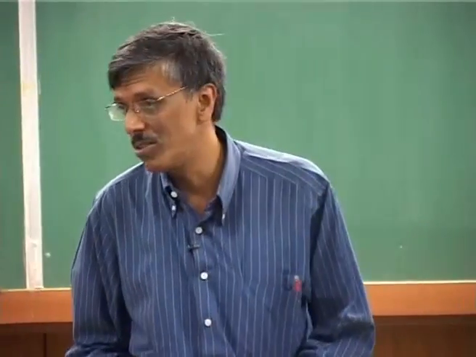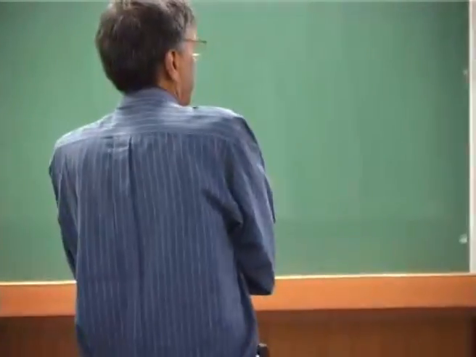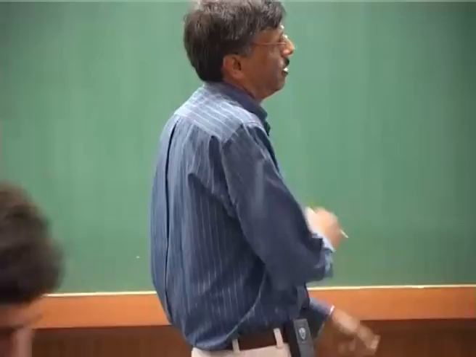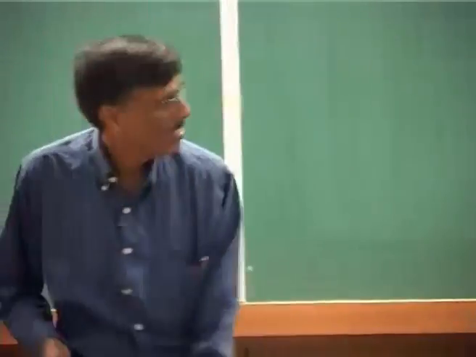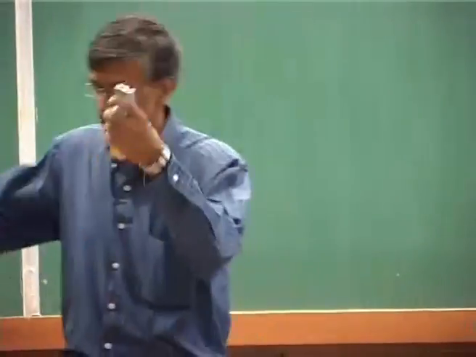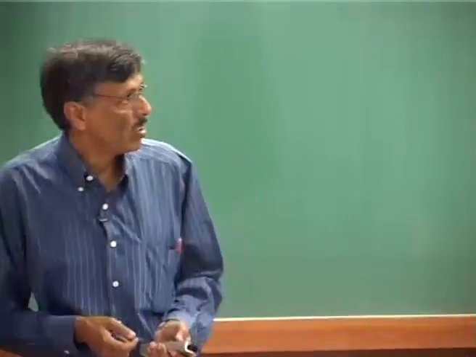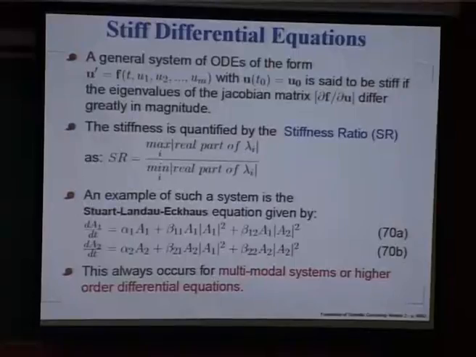We were talking about a special class of ordinary differential equations, which are called stiff differential equations. Stiffness arises because of the feature of the differential equation, which admits fundamental solutions which have disparate length or time scales associated with the variations.